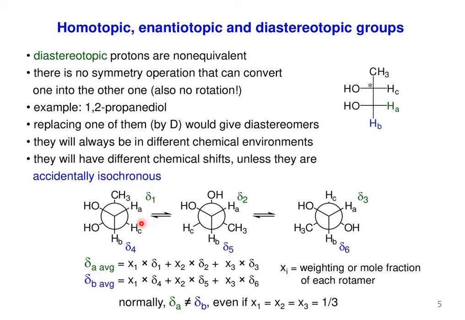That is why this is the chemical shift average, where x1 and so on are the weighting or mole fraction of each rotamer. Normally sigma a is not equal to sigma b, even if x1 is equal to x2, x2 is equal to x3, and x3 is equal to 1/3. This is actually showing how we can calculate the isochronous.